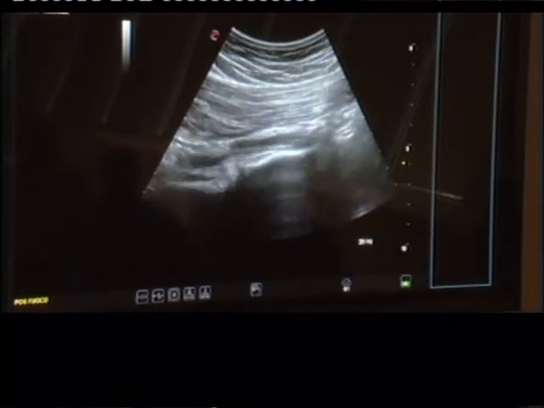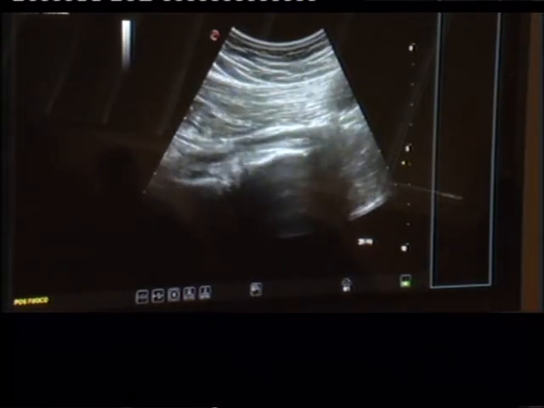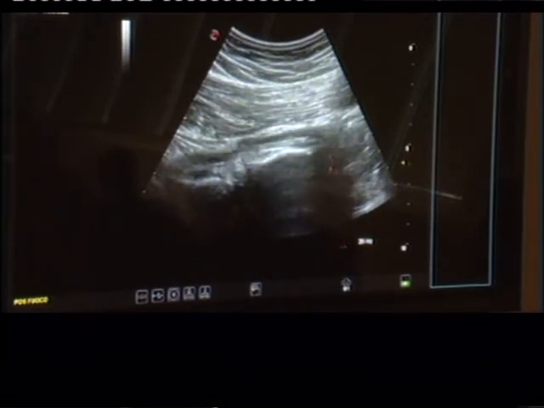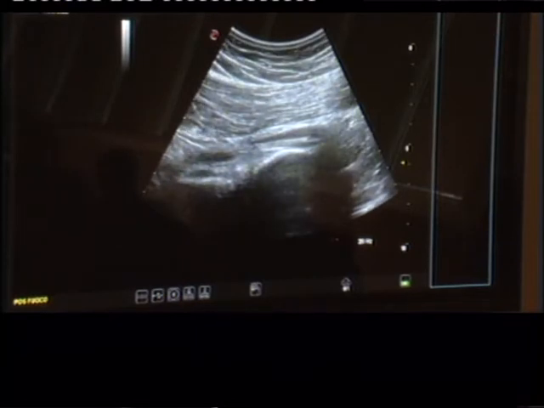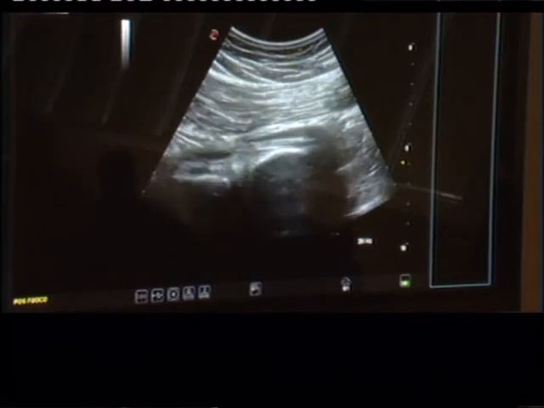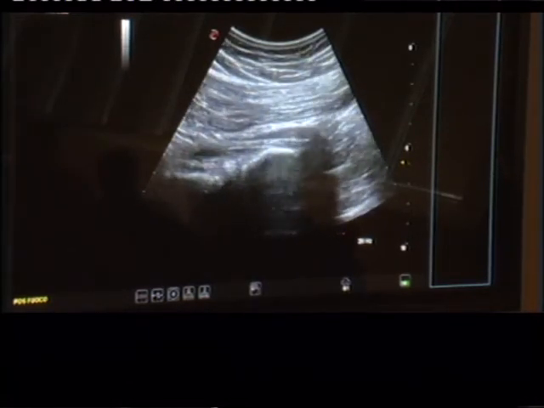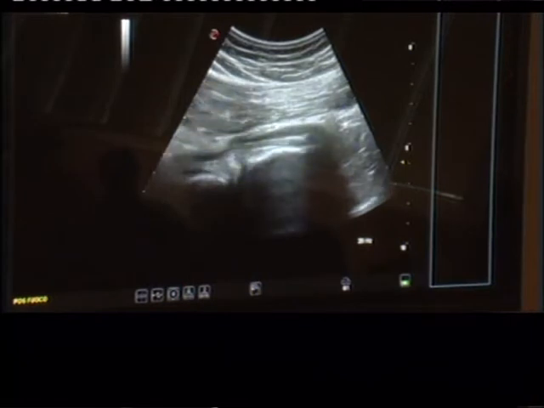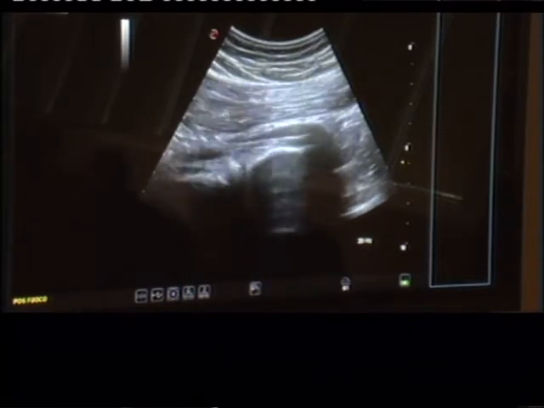So that's the obturator internus, tendon and muscle. Hip joint, sciatic nerve, posterior cutaneous thigh nerve, and that's the waterfall. Can I hit freeze? Will you hit freeze, please?